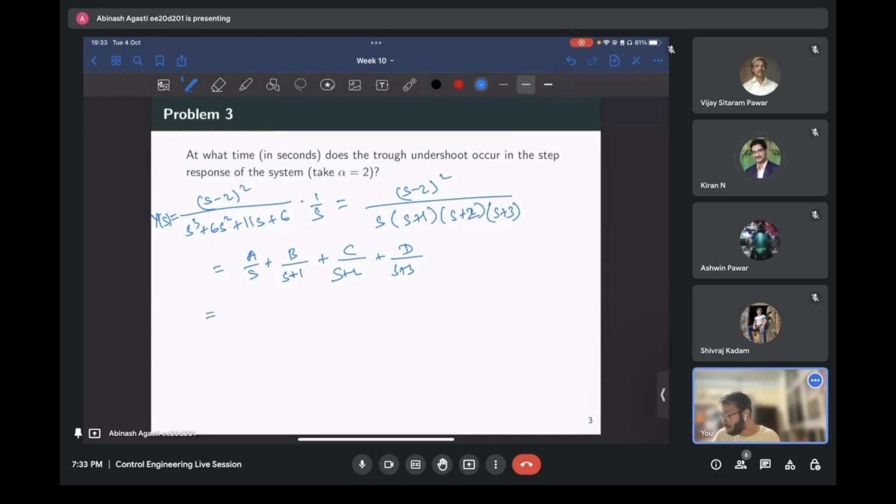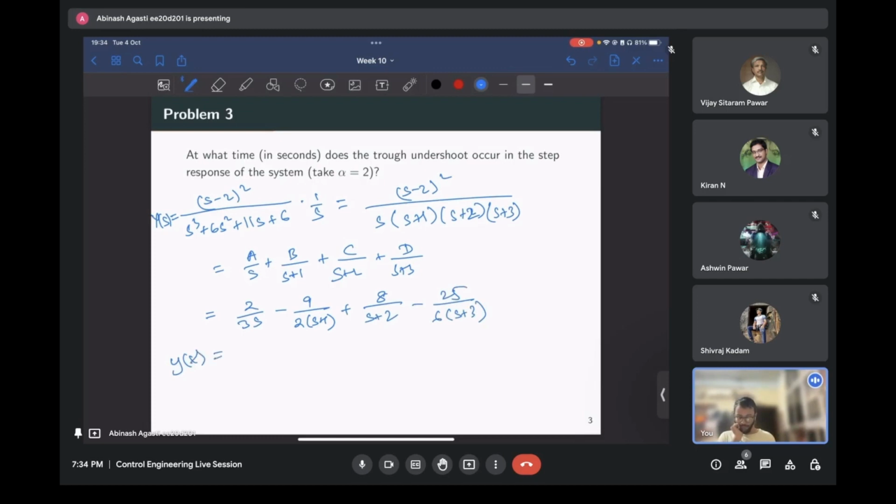So what we get is 2 by 3, 6, right? This is what I seem to have got. You guys can verify it later. So then from here we can find out y of t, right?